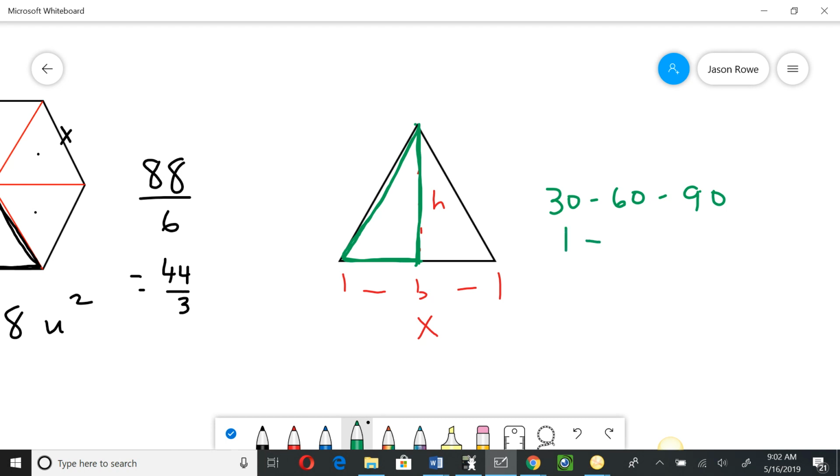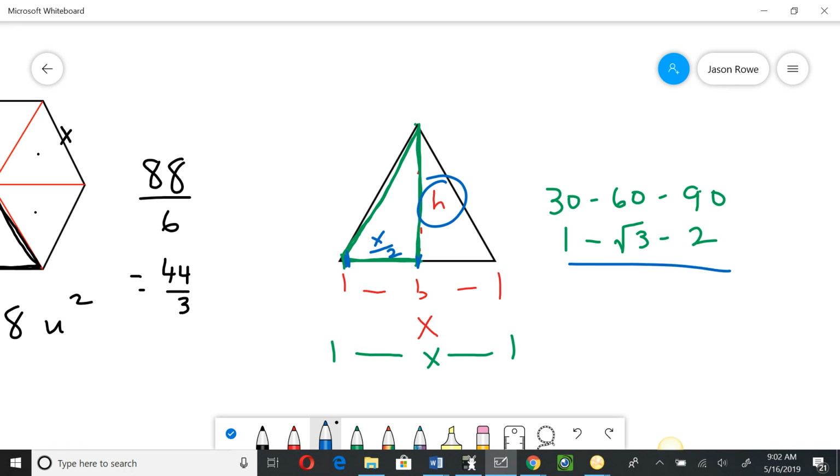Remember the ratios are 1, square root of 3, 2. If the whole length is x, then this segment from here to here is going to be x divided by 2. So using the 30, 60, 90 rules, the height's going to be x over 2 times the square root of 3.